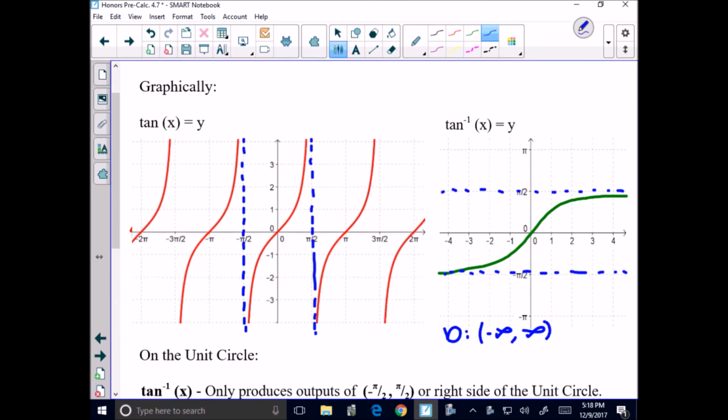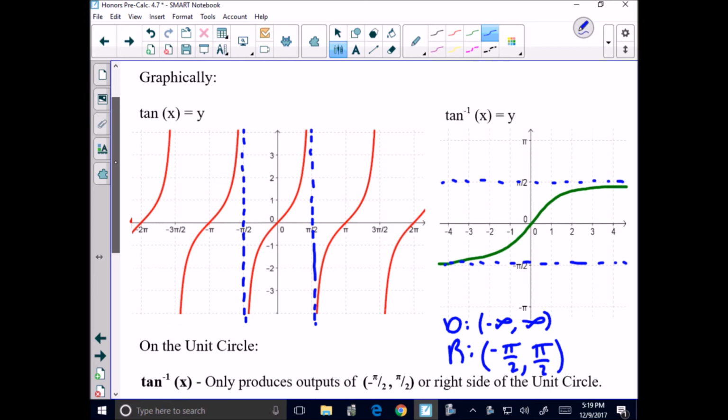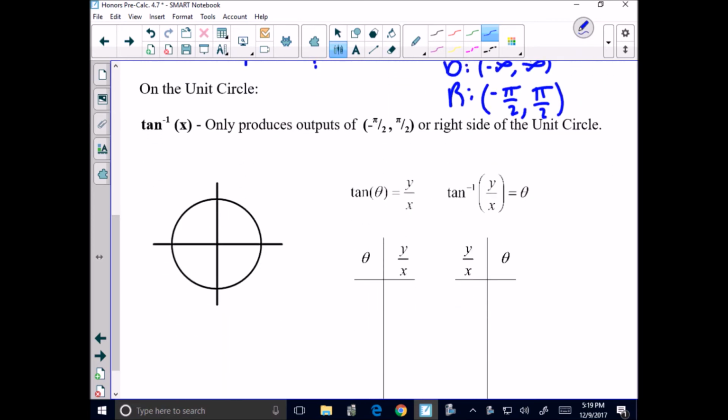The range for inverse tan is going to be from, but not including, negative pi over 2 to, but not including, pi over 2. And this means that we are going to be evaluating inverse tan on the right side of the unit circle, just like we evaluate sine on the right side of the unit circle. The one difference being that we will not be including negative pi over 2 or positive pi over 2 in the rotations that we evaluate inverse tan with.